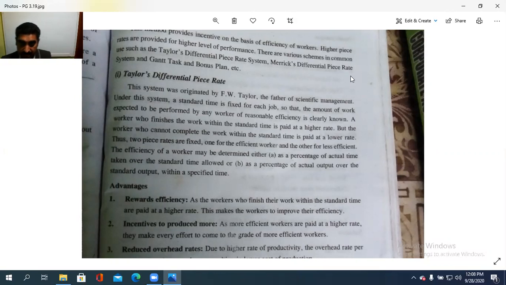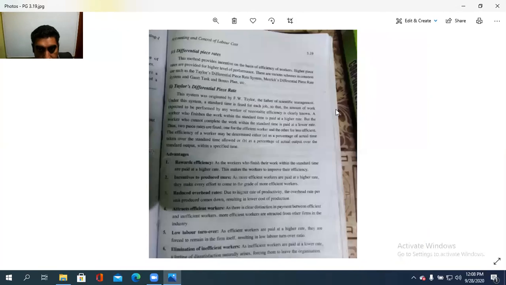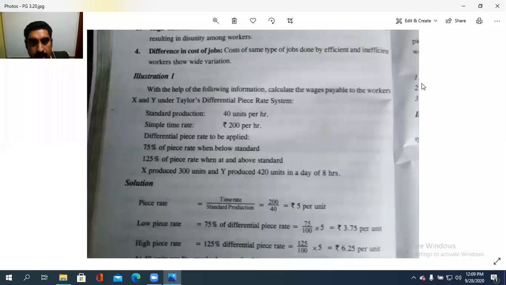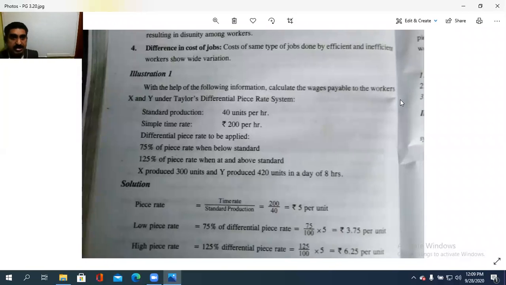Both cases are there: actual time against standard time, and actual output against standard output. Then there are advantages and disadvantages of Taylor's differential piece rate system.